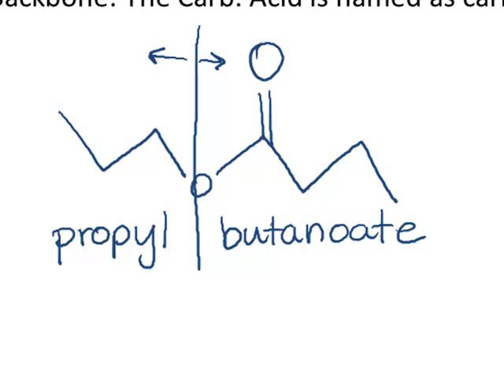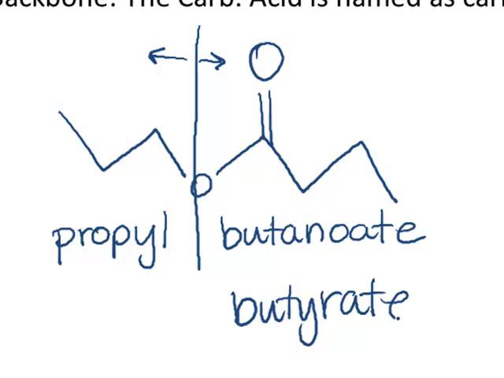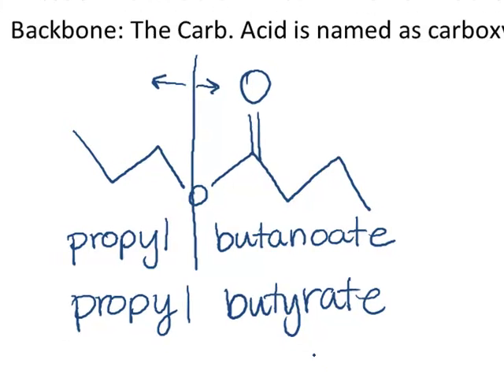If I wanted to use the common name for this particular carboxylate, I would think that 4 carbons is butyric acid, which means the carboxylate form would be butyrate. That means that I could also name this molecule propyl butyrate. Whether I call it propyl butanoate or propyl butyrate, that would be considered a correct name for this particular ester.